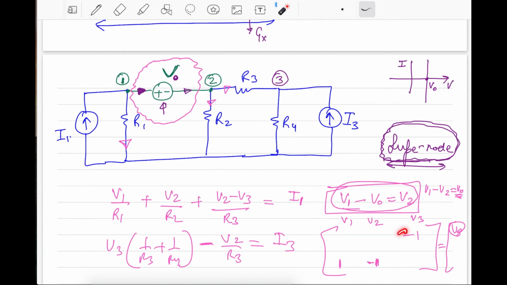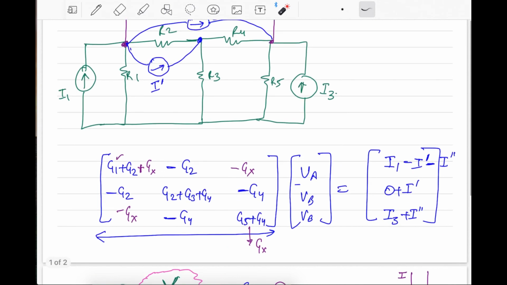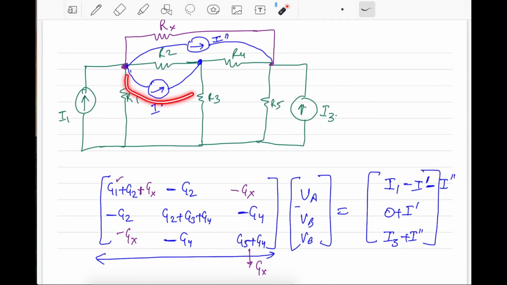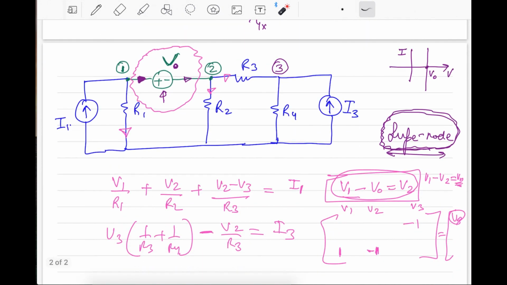I hope you get this idea that the conductance matrix changes severely once you insert a source in between, and it will not remain the same as it was in this case, where we generalized our conductance matrix depending upon the variation in the current sources, whether we put them here or there or somewhere else. So any questions here? I hope you got this idea of what I was trying to say.